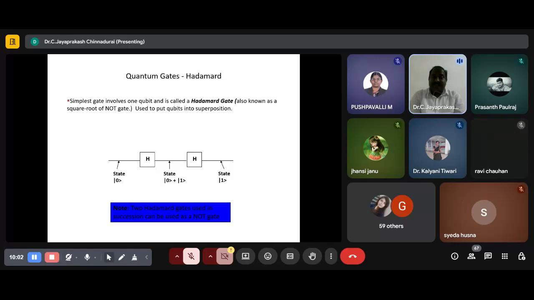In between, we have a combination of these two states. Between two Hadamard gates, we can have the state 0 plus 1. So two Hadamard gates used in succession can be used as a NOT gate. Okay, here there is a point: the Hadamard gate can be used as a NOT gate. That is one type of gate, the Hadamard.